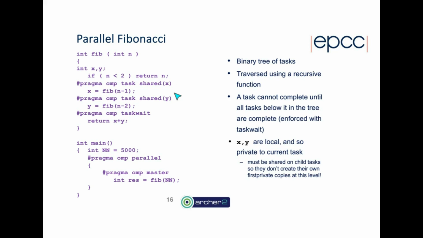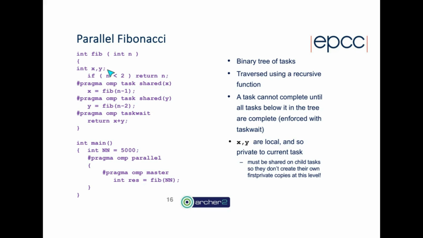The tricky thing here is the data scoping. By default, x and y would be firstprivate. We would be making copies here. But actually, that's not what we want, and to see that is a little bit not obvious. So the question is, what are x and y here? x and y are declared locally inside the function.